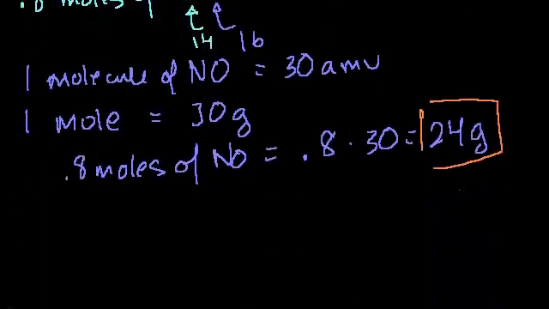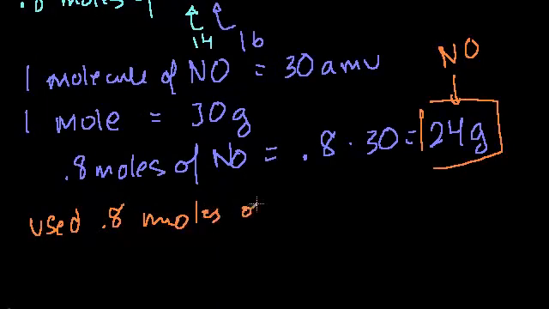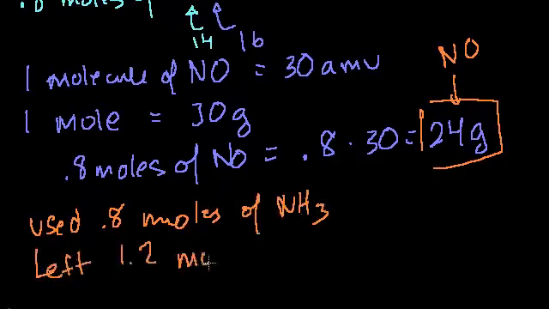So we're going to have 24 grams of nitric oxide, and we used 0.8 moles of ammonia, leaving 1.2 moles of ammonia. If you want, you can figure out how many grams of the original ammonia that is. You just figure out how many grams 1 mole of ammonia is. It's 17 grams, and then multiply that times 1.2.